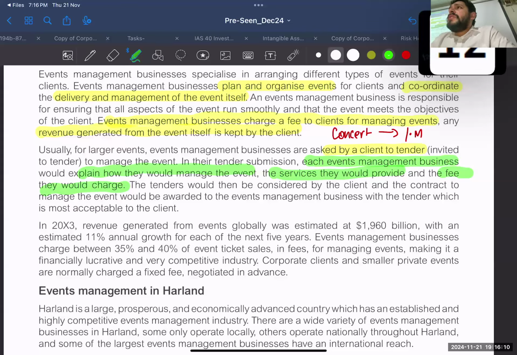So provide us a quotation in regard to this specific event, and they have provided you other information of how they are going to charge the fee or what services are expected from that specific concert.